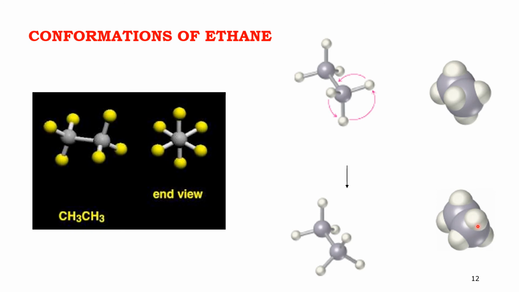But in this case, the first and second carbon atoms have their hydrogen atoms on the same plane. So ethane could exist in 2 extreme conformations.